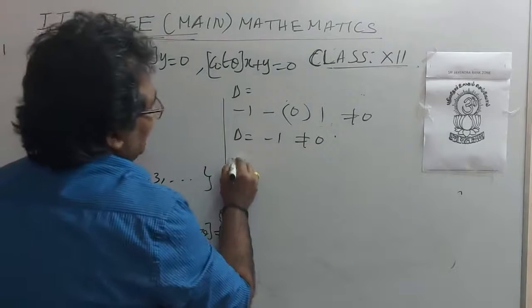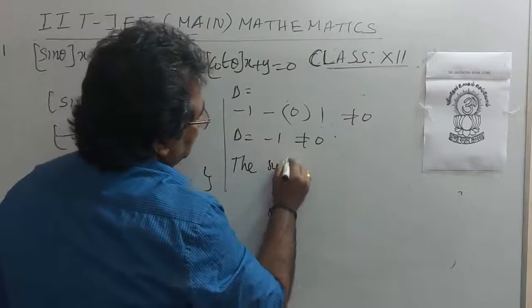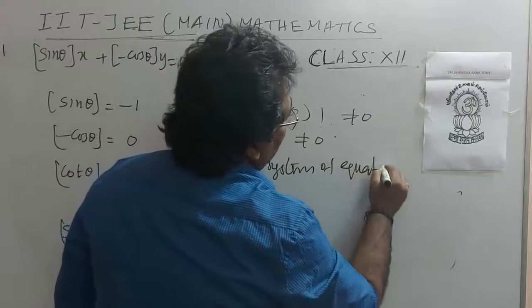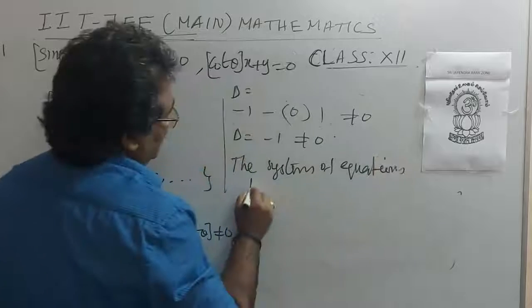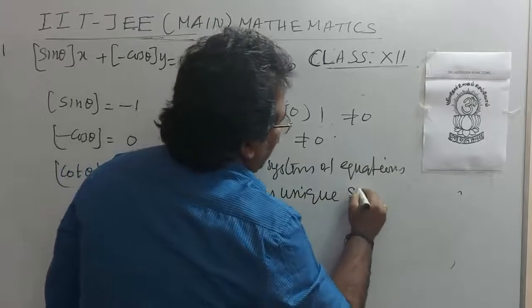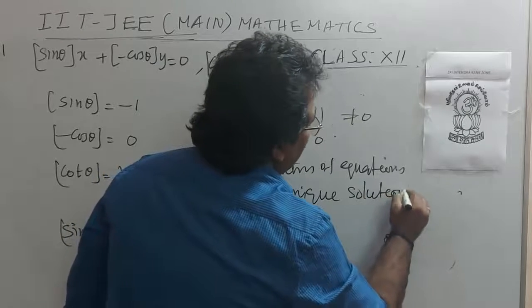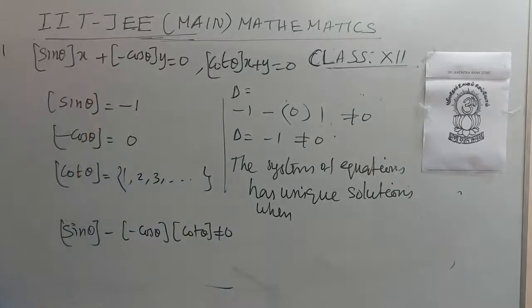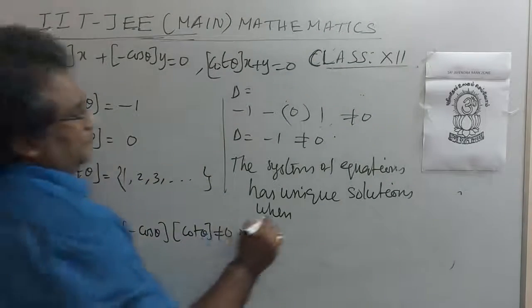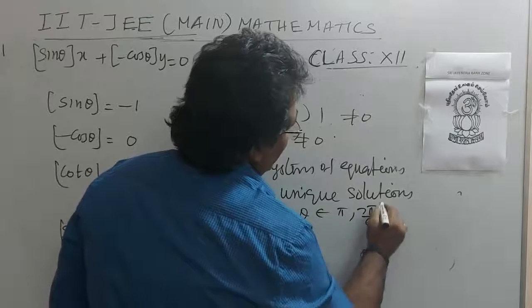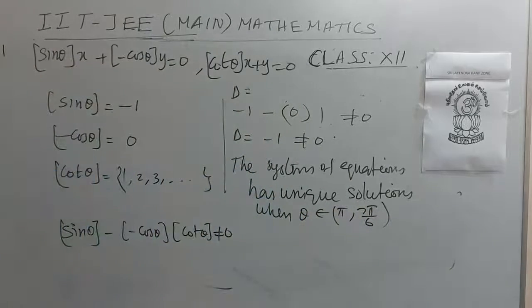So the system of equations has a unique solution when theta belongs to pi comma 7 pi by 6.